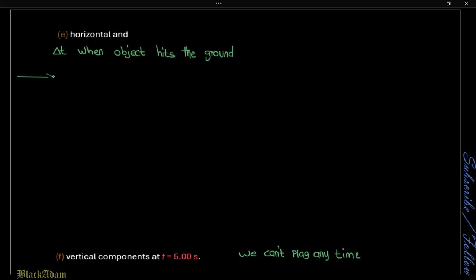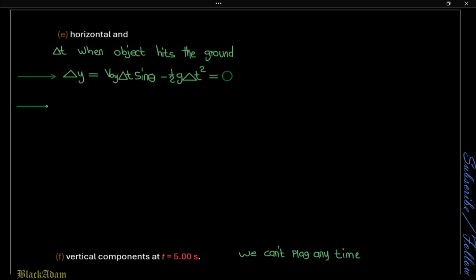To do that, we use the equation where the change in y equals the initial velocity multiplied by the change in time times sine theta, minus half g times the change in t squared, and set it equal to 0.